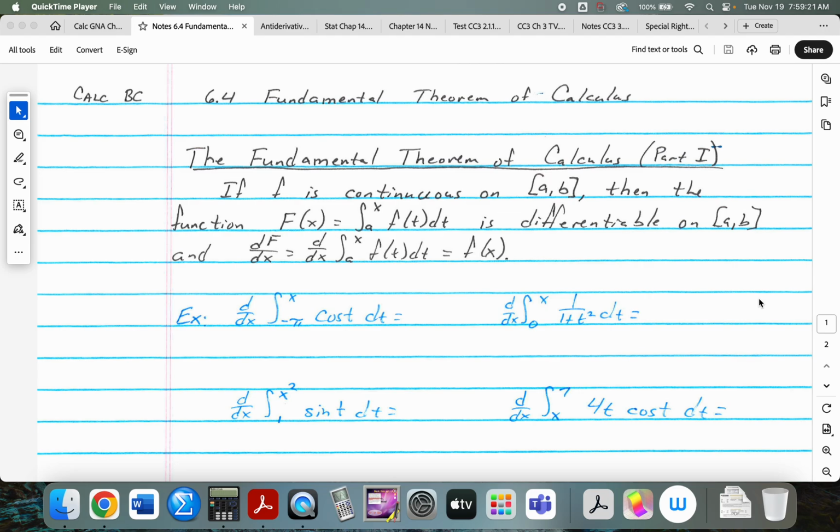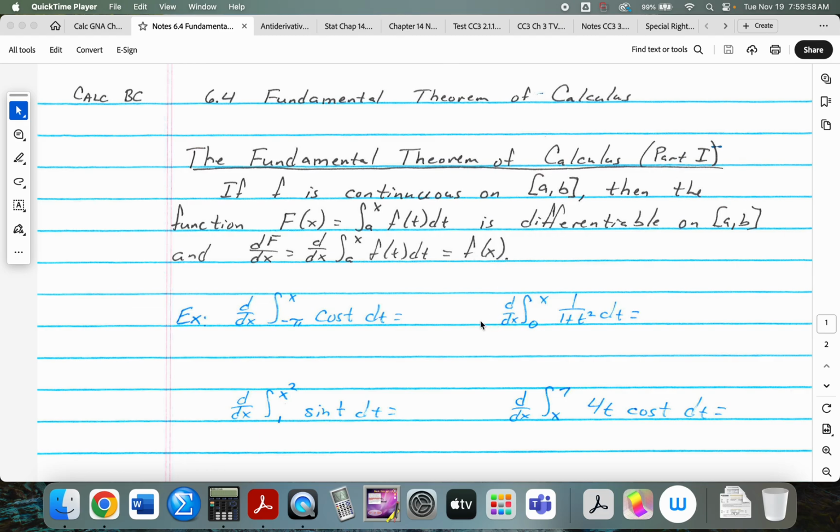So the first part, according to your book at least, tells us that if we have a continuous function from a to b, then this function capital F of x, which is defined by the integral from a to x of f of t dt, where a is any constant, it's going to be differentiable on the closed interval from a to b, and not only that, but the derivative of this integral defined function is f at x.